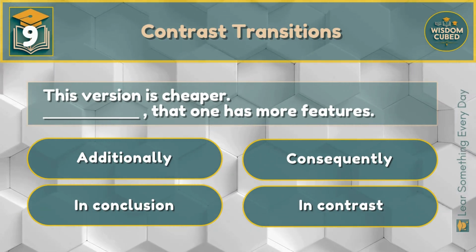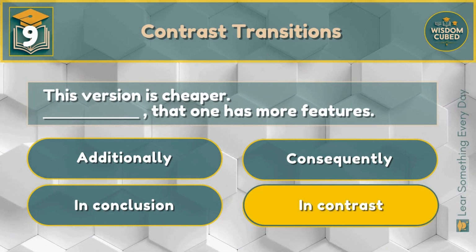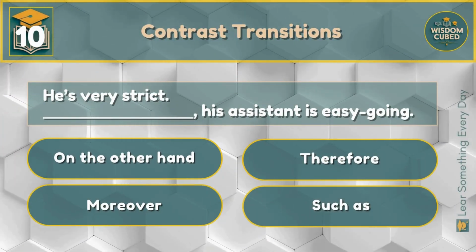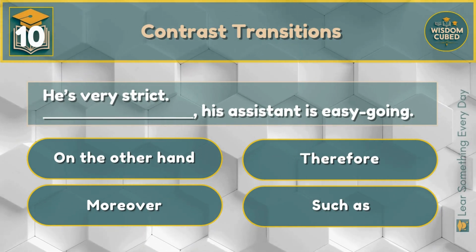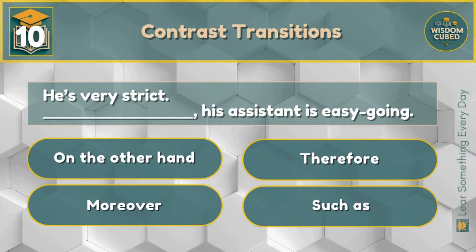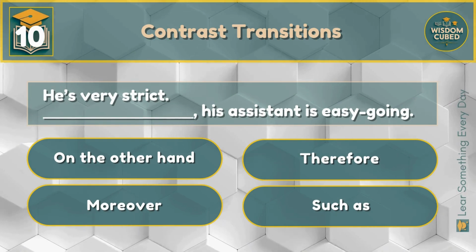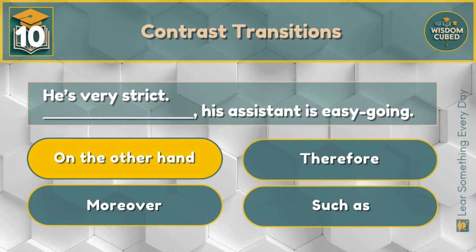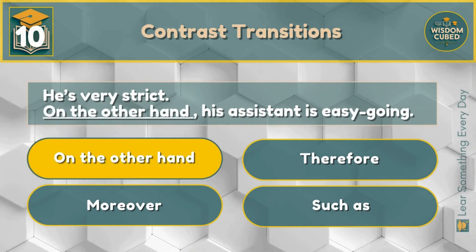This version is cheaper. In contrast, that one has more features. He's very strict. On the other hand, his assistant is easygoing.